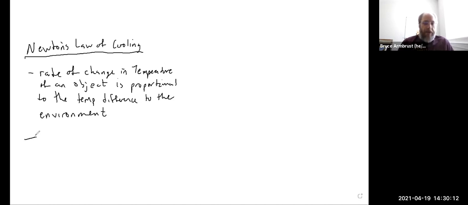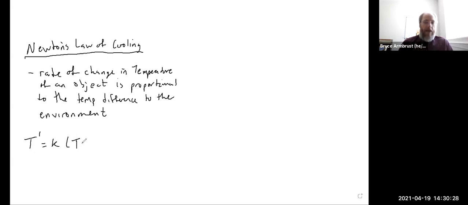All right, so check it out. Here's how this plays out then. The rate of change in the temperature of an object is proportional to the difference to the environment.